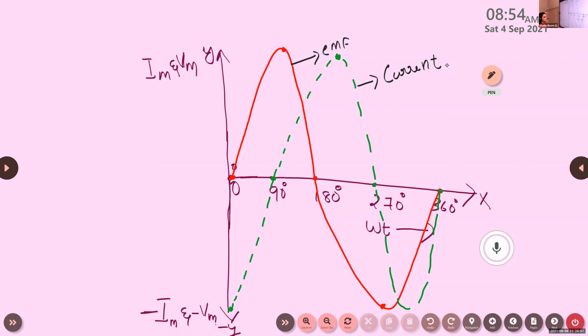So from the same graph itself, we can read the value of voltage and that of the current in the case of AC voltage through inductor. The solid line is used to represent the value of EMF, and the dotted line is used to represent the value of current for different phase angles.